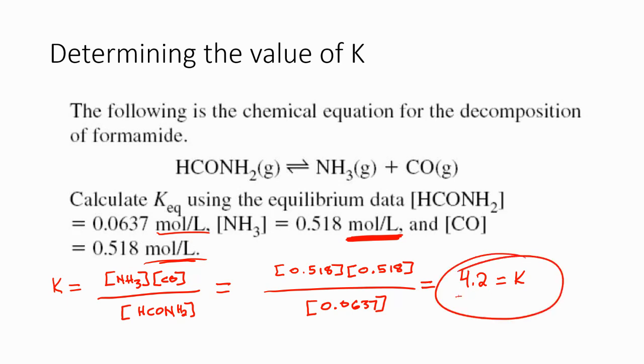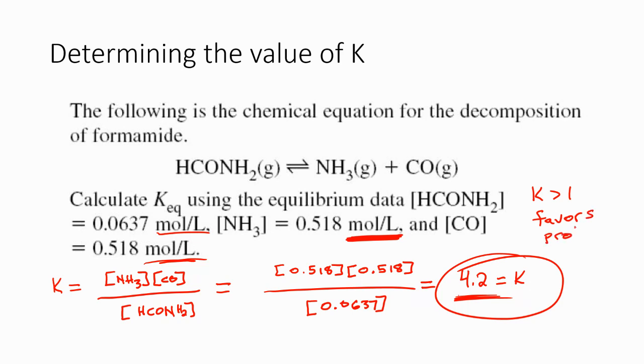There's also something important to know about that value. Anytime that K is greater than 1, we would say that essentially we have a reaction in which we have products that are favored. Let's talk about what that means.